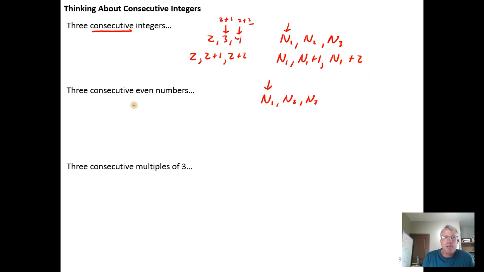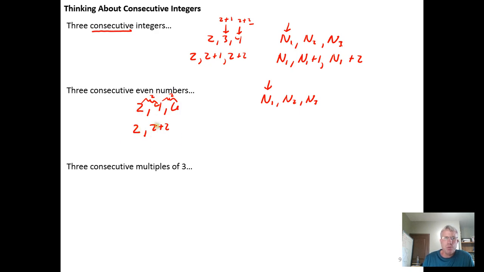So again, we can think about it by looking at a concrete example. Let's suppose I have three consecutive even numbers. Right there they are, 2, 4, 6. If I take the smallest, I can get the next one by adding 2 to the smallest, because there's a difference of 2 between any two consecutive even integers. 6 minus 4 is 2, 4 minus 2 is 2.